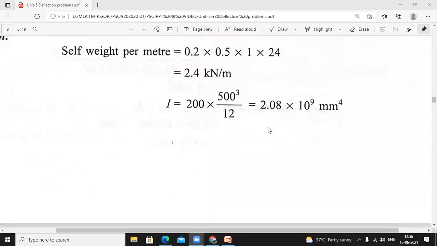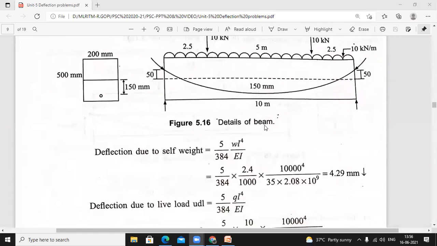Next, coming to deflection. First we have to calculate deflection due to self weight. So what is the self weight load? Dead load, it is 2.4 divided by 1000. I converted to kilonewton per mm.